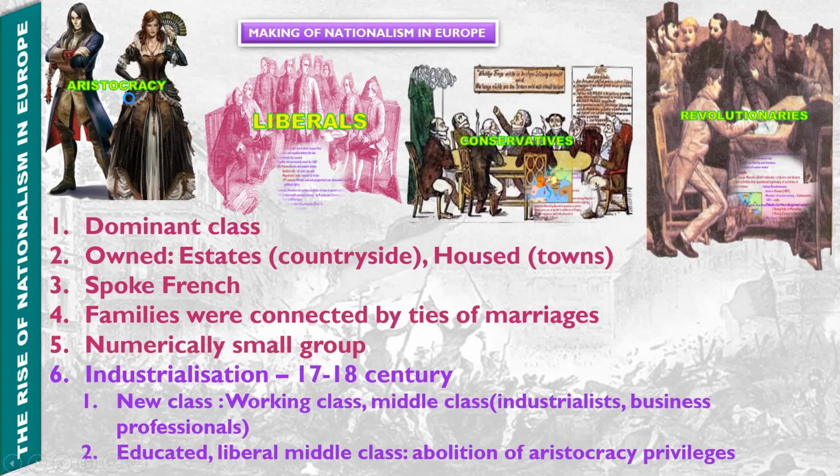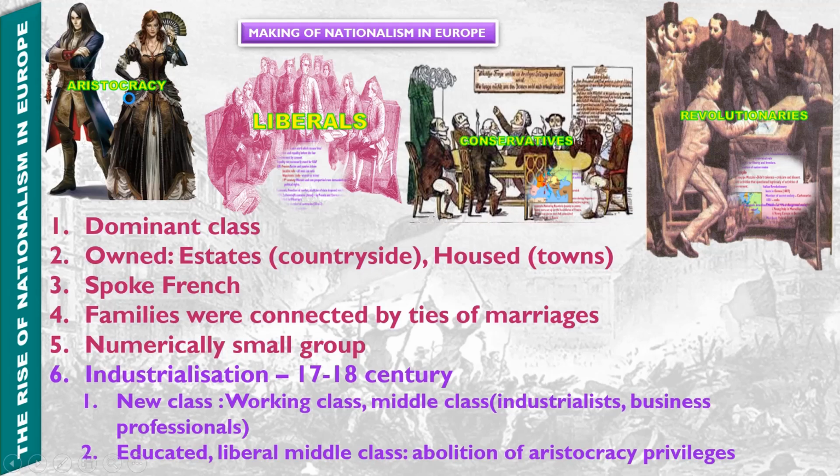Industrialization began in England in the second half of the 18th century, but in France and parts of the German states, it occurred only during the 19th century. In its wake, new social groups came into being: a working class population and a middle class made up of industrialists, businessmen, and professionals.